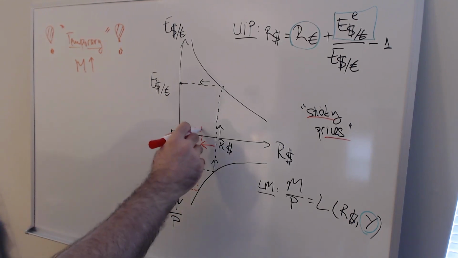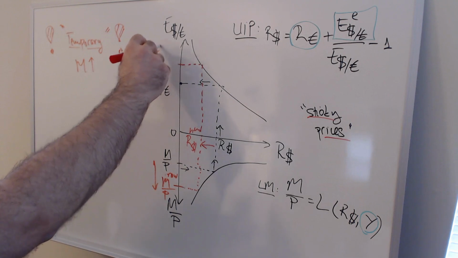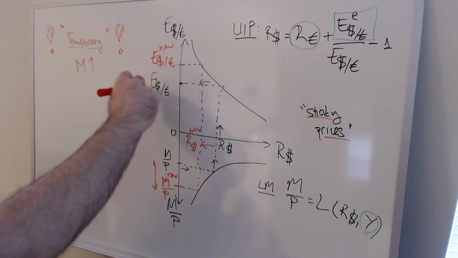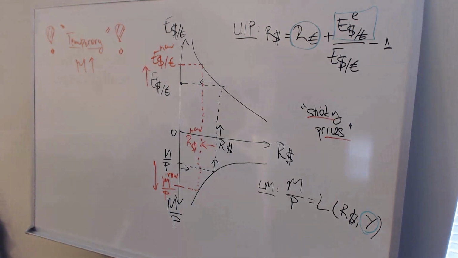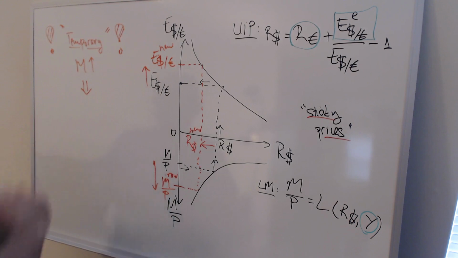Then through the UIP condition, we find that this will lead to an increase in the nominal exchange rate. And that means that it takes more dollars to buy 1 euro. The dollar depreciated, that's a weaker dollar. So let's summarize.